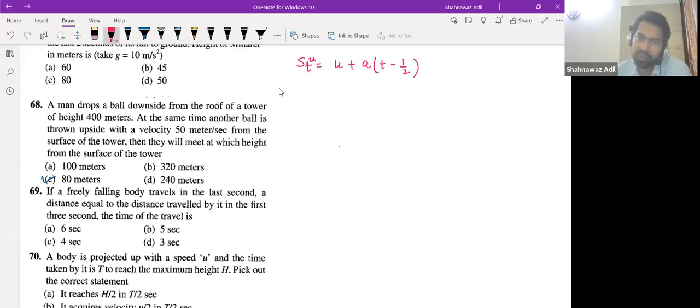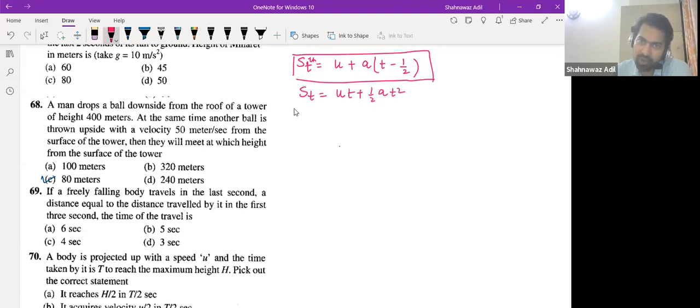Yes, sir. Okay, so keeping this in mind, and you already know the distance traveled in t seconds, which is ut plus half at square. These two things you know. So please try this 69th problem.